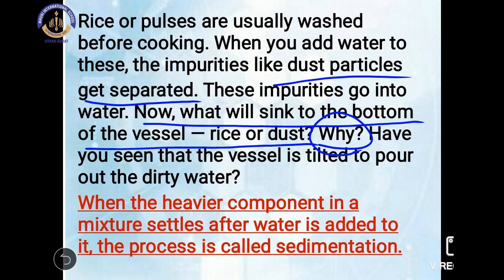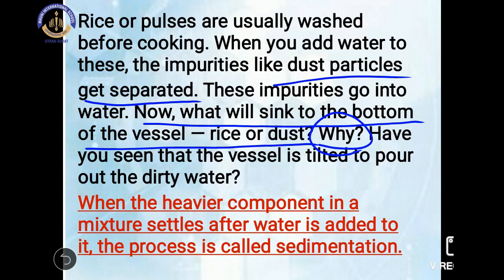It means when we take rice and pour water, dust particles come to the upper surface of the water, and when we tilt that vessel, the water which has the dust particles will be poured into another vessel. So we get, in the first vessel, the clean rice which has no dust particles now.